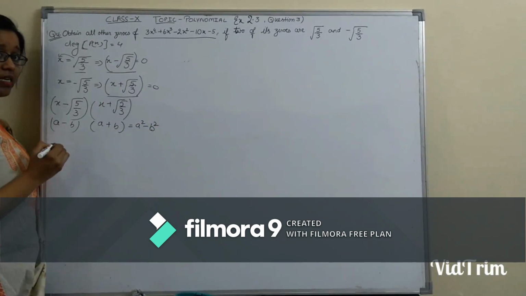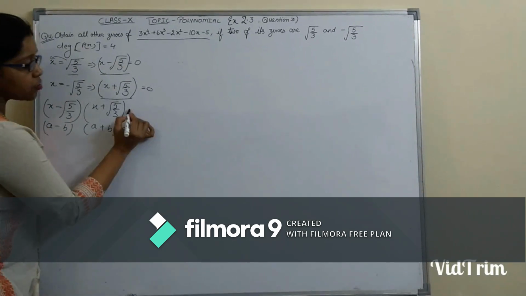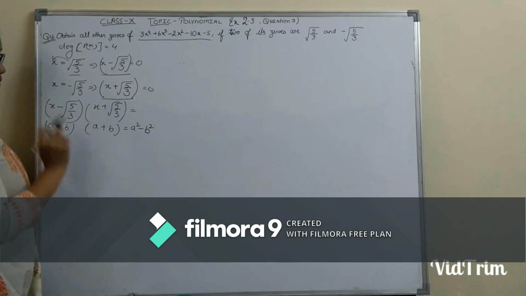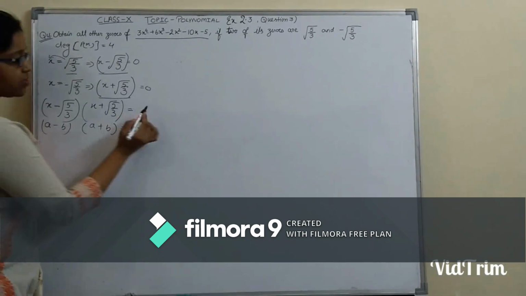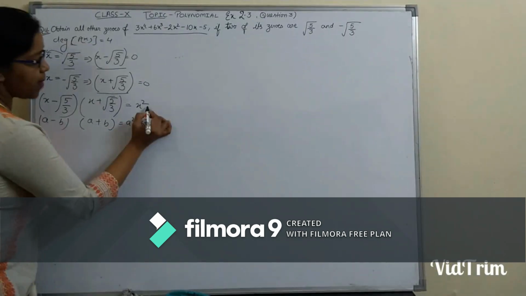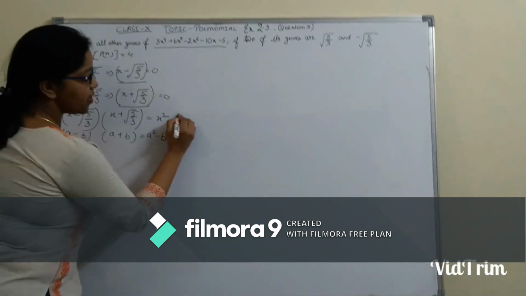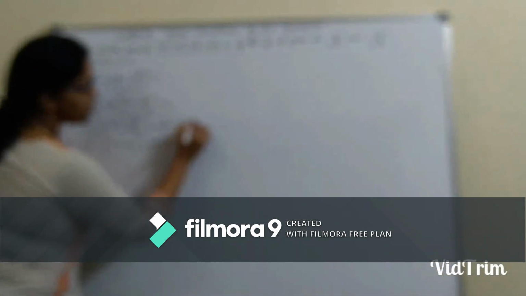This identity you are learning from class 8 onwards. Here a is equal to x and b is equal to √5/3. So a^2 means x^2, minus b^2, where b is √5/3, so it will become (√5/3)^2.